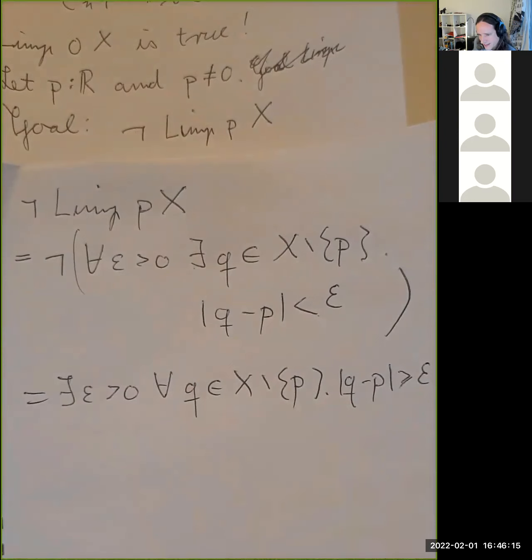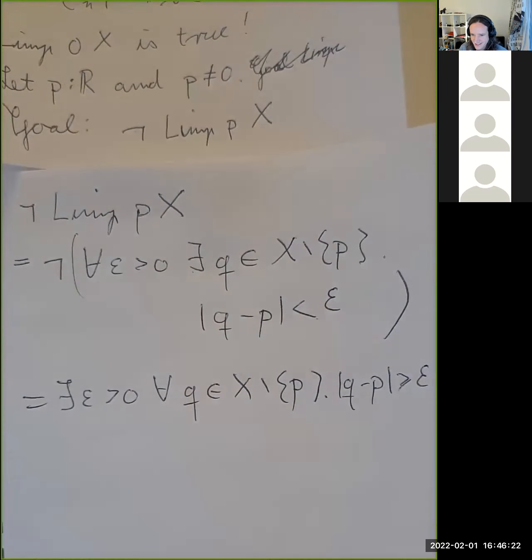So we have to find an epsilon. It can depend on p. So p is outside. So p is already fixed. We assumed it here above. So this epsilon can depend on p.